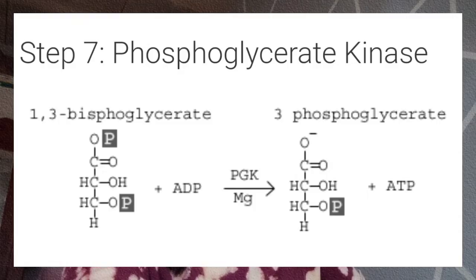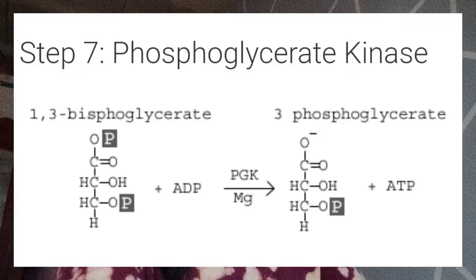Step 7. Phosphorylation of ADP, formation of 3-phosphoglycerate. Diphosphate is converted back to monophosphate. This is an ATP producing step in which the C1 phosphate group of 1,3-biphosphoglycerate, a high-energy phosphate, is transferred to an ADP molecule to form ATP.